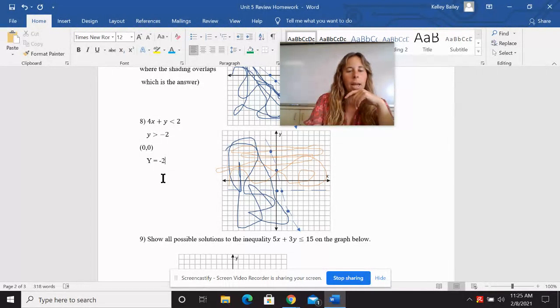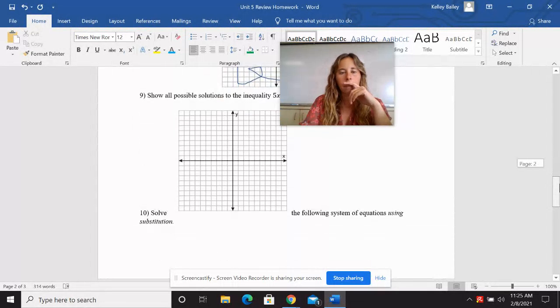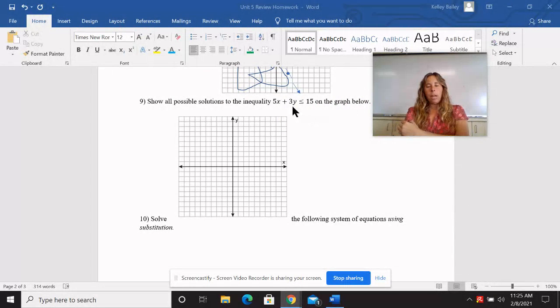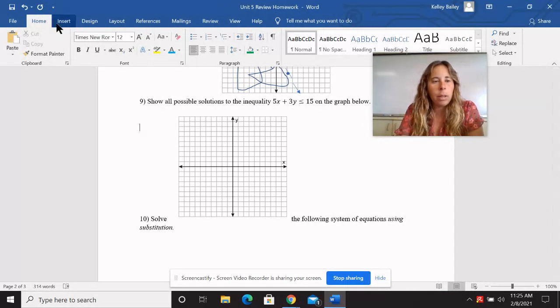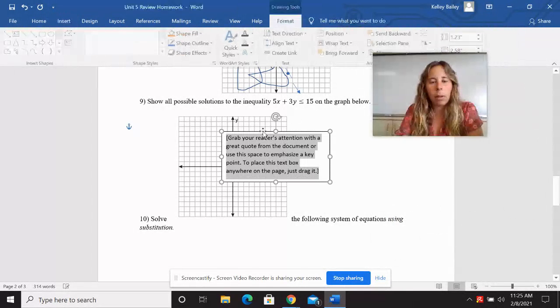Number 9, show all possible solutions to the inequality on the graph below. So once again, we are going to be graphing. Here we are. This one, you can change it to slope-intercept form if you would like. I'm going to graph it using the x and y-intercepts. See if it'll let me insert my text box here without causing too much trouble.